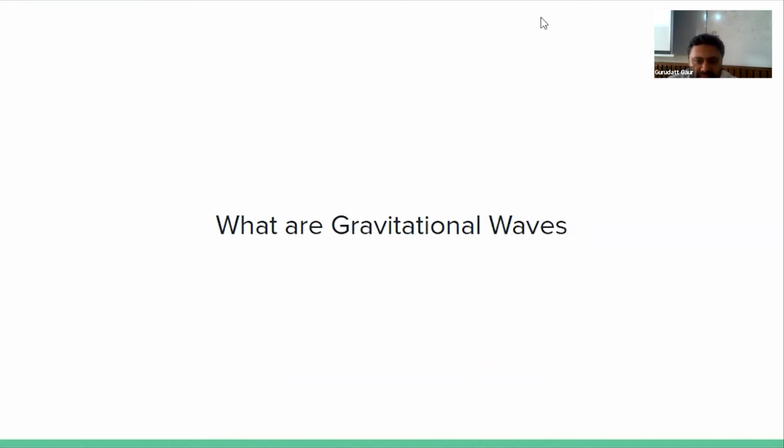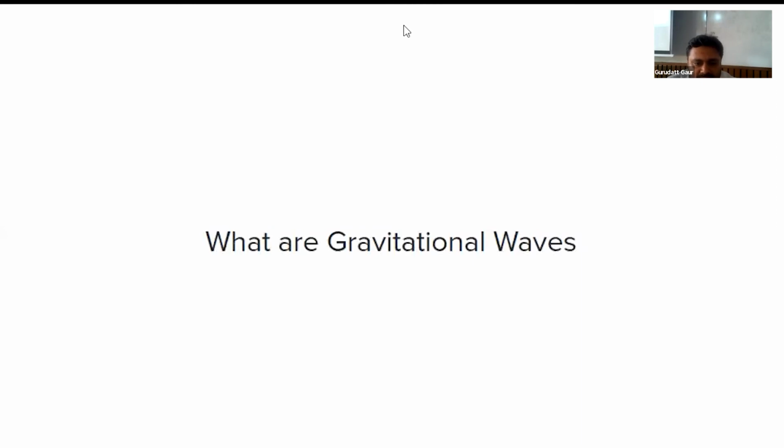Somebody wrote something in the chat box: with how powerful the GW is said to be, can it provide a better answer to the? Yeah, that is under debate, because there is estimated sensitivity. You prepare a telescope that up to this volume or up to this length, this will be able to probe.